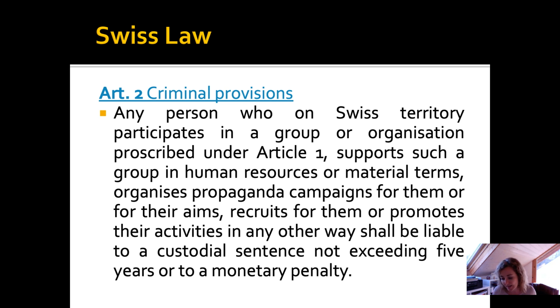So here it is, in fact, a description of what is material support to those two organizations that are proscribed under Swiss law. You'll find that type of legislation in many states, which, in a way, is indeed a prohibition to provide any kind of material aid to a designated organization.